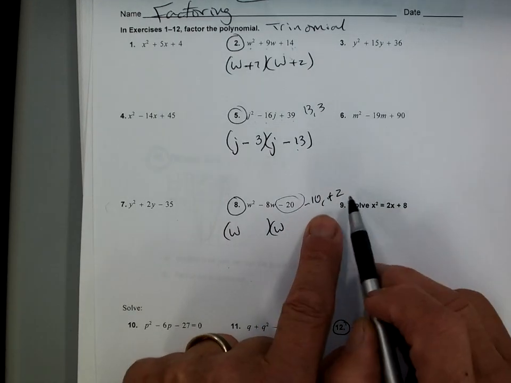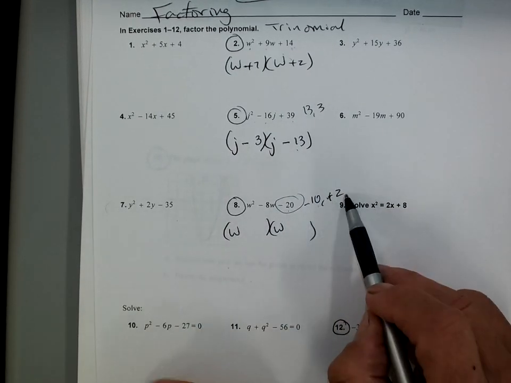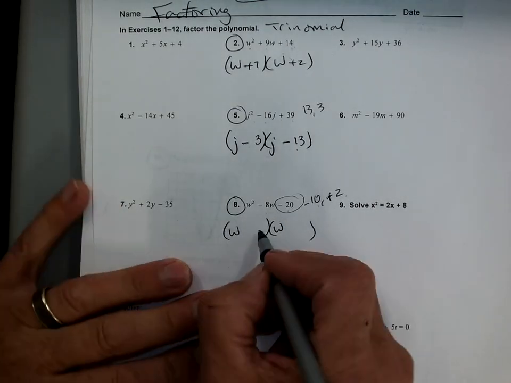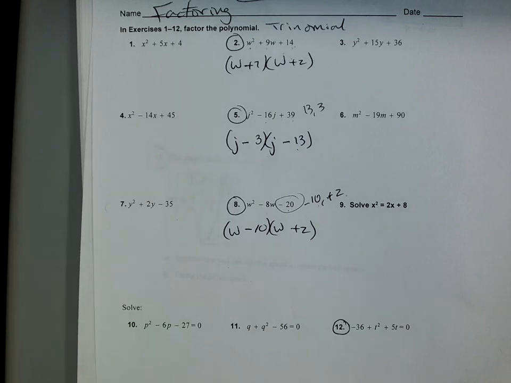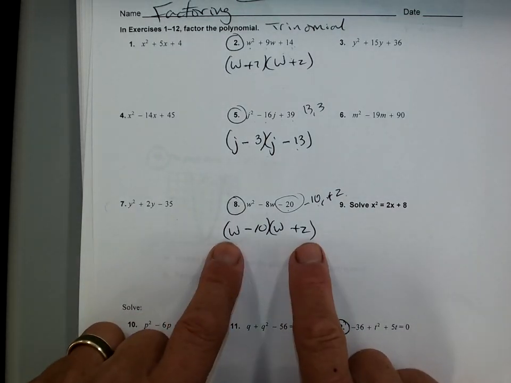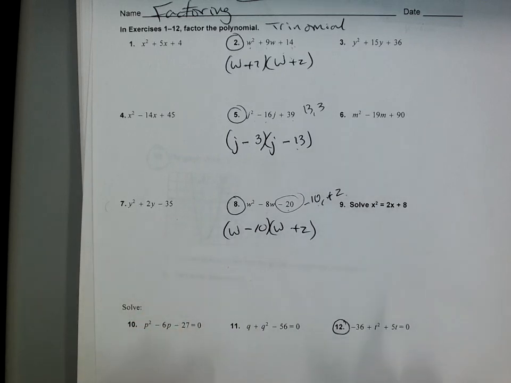Negative 10, positive 2, because those will multiply to make the negative 20, but they'll add to make the negative 8. And again, you can check it if you want to. There's my 2w and my negative 10w makes my negative 8w.